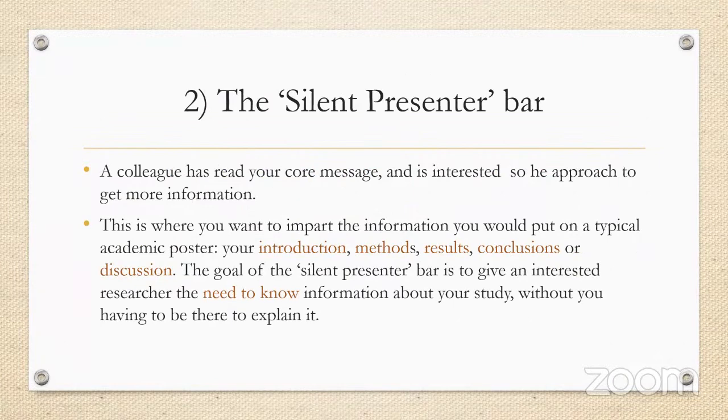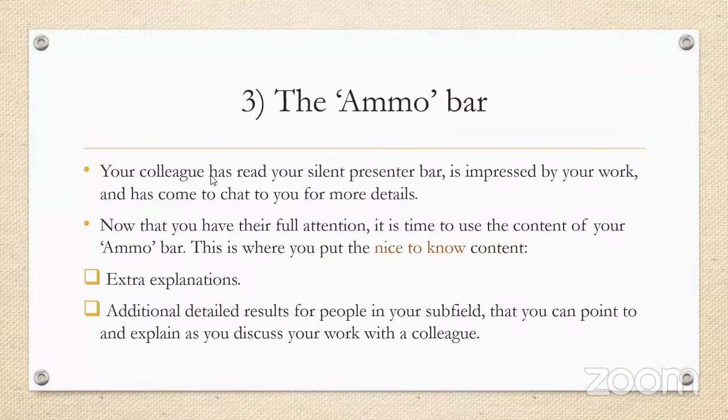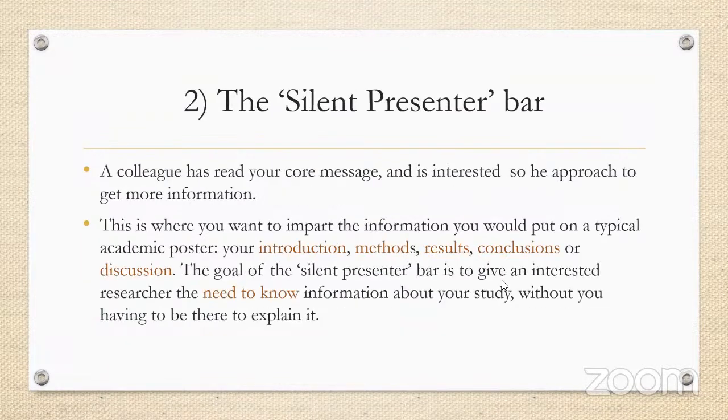The third part is the ammo bar. Your colleague has read your silent presenter bar, is impressed by your work, and has come to chat with you for more details. Now that you have their full attention, it's time to use the content of your ammo bar, where you put all the nice to know information, like extra explanation and additional detailed results for people in your subfield, that you can point to and explain as you discuss your work with a colleague.